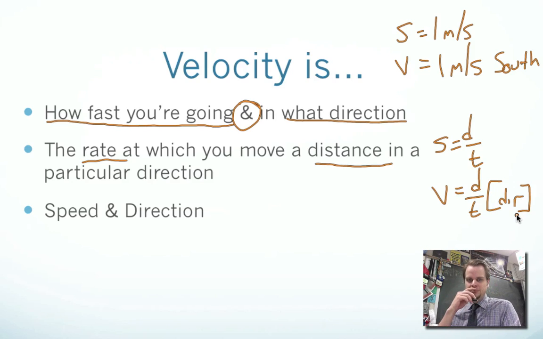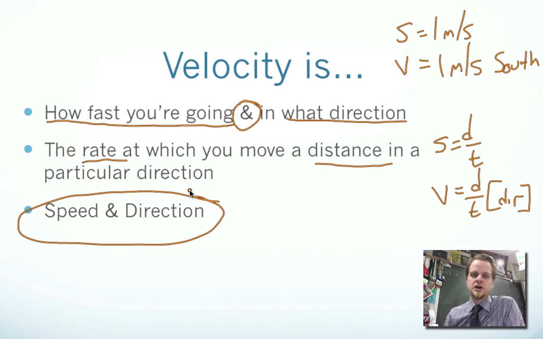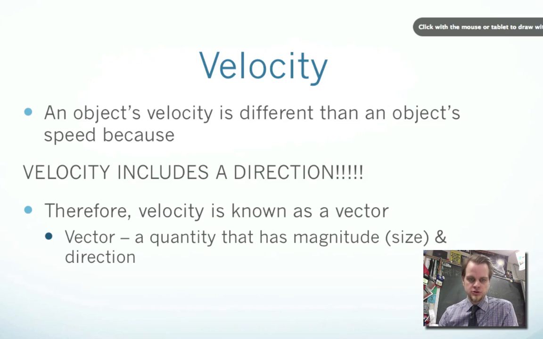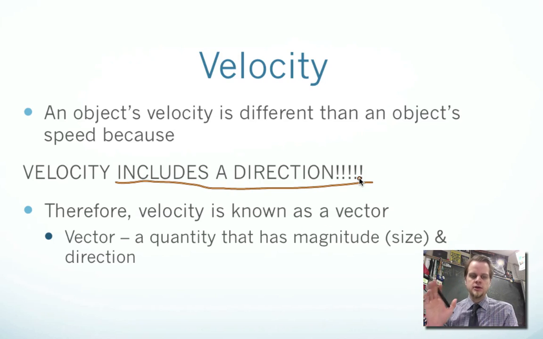The easiest way to say this, though, is velocity is speed and direction. That's it. It's just speed, but with a direction. So, an object's velocity. How is that different than speed? Again, the only reason is it includes a direction. It just tells you where you're going.